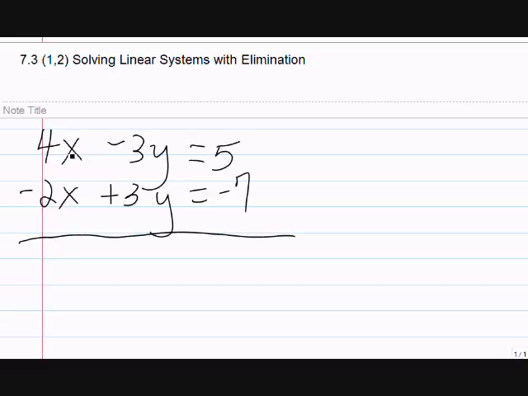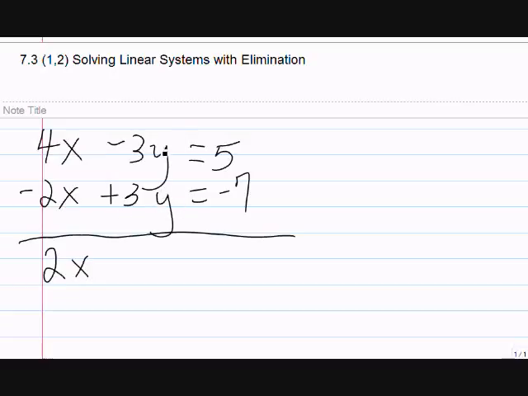So 4x plus negative 2x is 2x. Negative 3y plus 3y is 0.